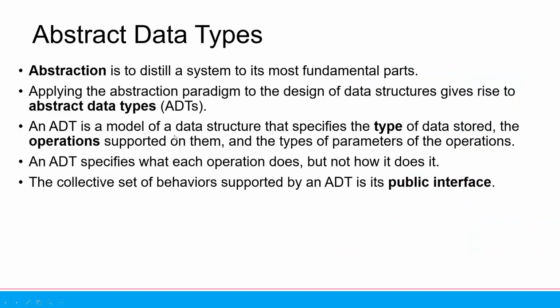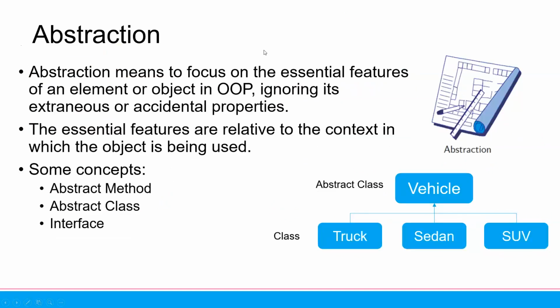What we are going to use in our class is mostly related to the abstract data type. So abstraction is to distill a system into its fundamental parts. When we deal with abstraction, it means we are going to make the general data type.